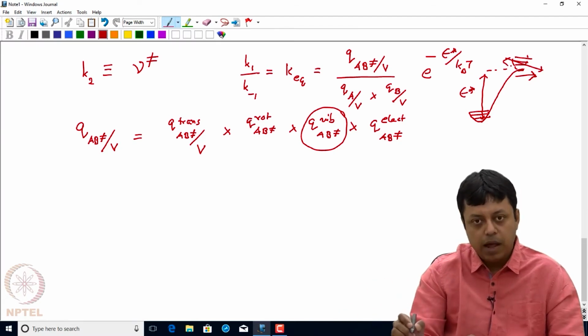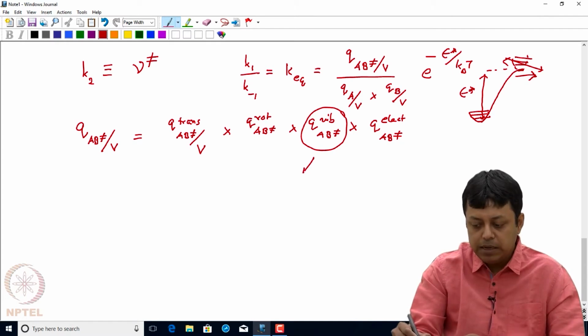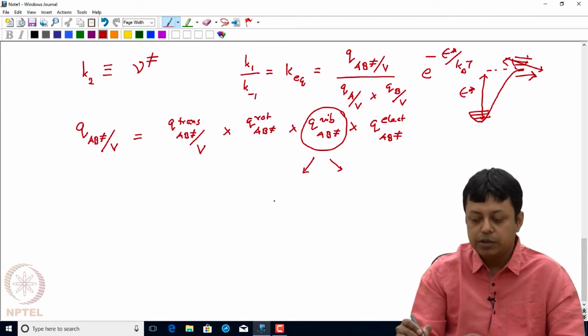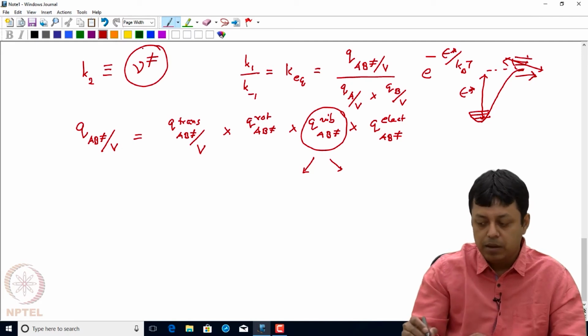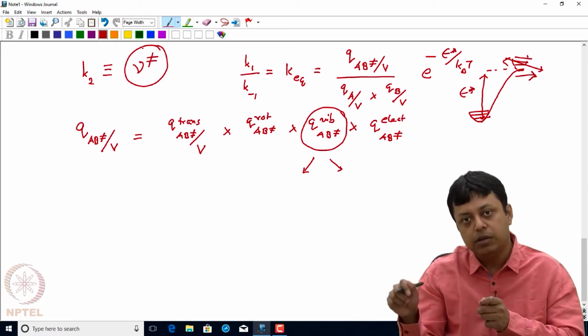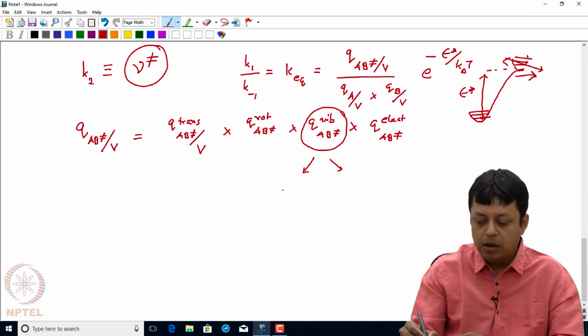So we can split this vibration into two parts, where we will calculate one vibrational partition function for that particular vibration which has a frequency nu dagger, because nu dagger is along the reaction coordinate. Now what is the expression for the vibrational partition function?